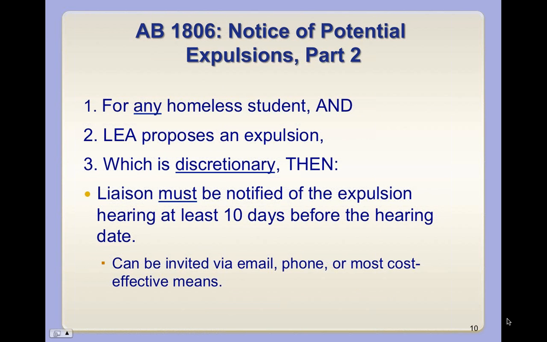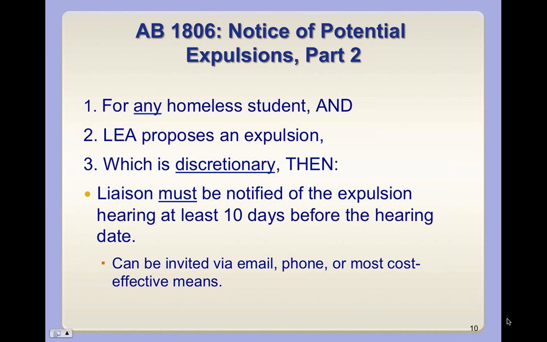Part 2 on this notice provision, now we're moving not only from students with special needs, but any student. So for any homeless student, if the LEA is proposing an expulsion and that expulsion is discretionary, the liaison must be notified of the hearing with at least 10 days advance notice, and that's 10 calendar days.